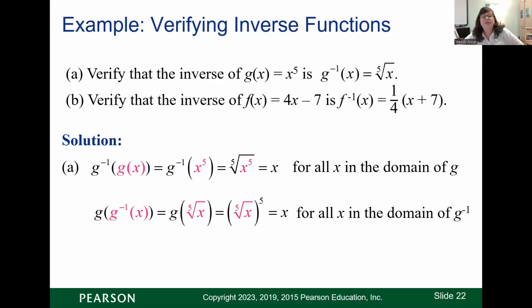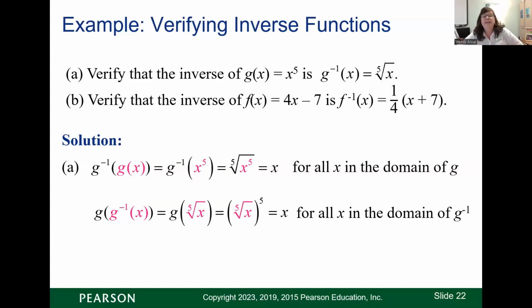The inverse function is the 5th root of x to the 5th, and the 5th root undoes raising something to the 5th power, so you do get x out. These are inverses. And vice versa: g of g inverse would be g of the 5th root of x, which is the 5th root of x, to the 5th. Same thing. The 5th root is undone by raising something to the 5th power, and you just get out x.